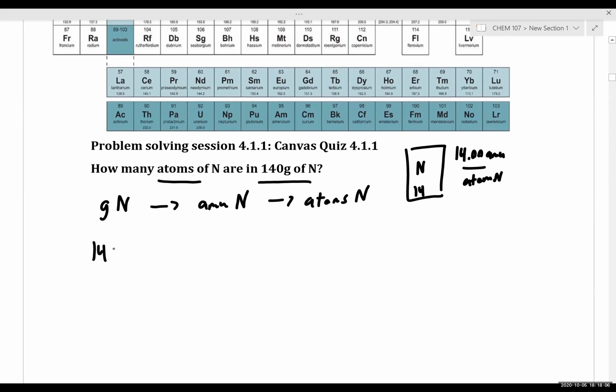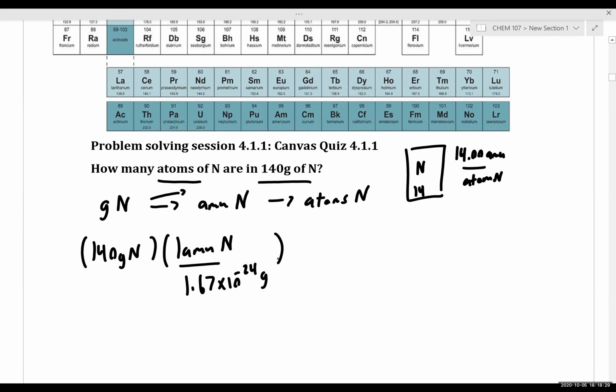Then if we have 140 grams of nitrogen, we're going from grams to AMU. We know that in 1 AMU of nitrogen, we have 1.67 times 10 to the negative 24th grams. We also know to go from AMUs to atoms that in 1 atom of nitrogen, we have 14.00 AMUs.